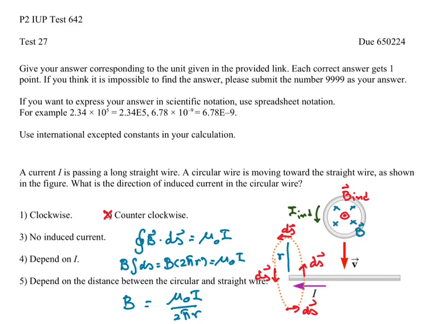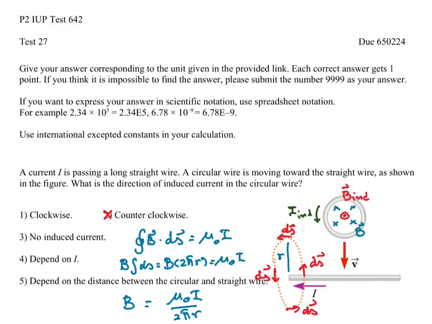And from Faraday's law and Lenz's law, we know from Faraday's law that when the flux of the magnetic field passing through this circular wire changes, it will induce an electromotive force, and that will induce the current to move through the circular wire.